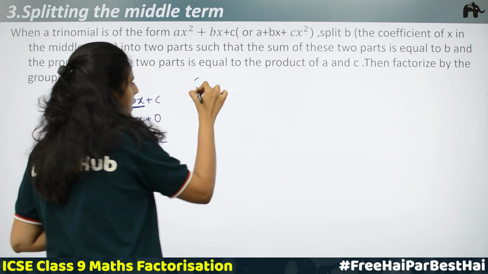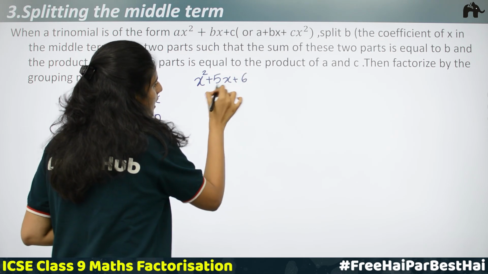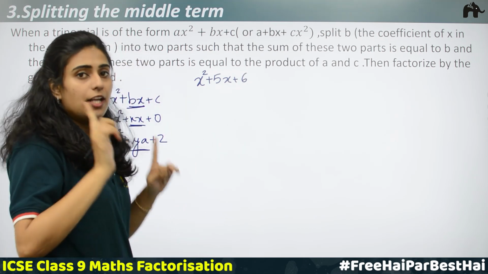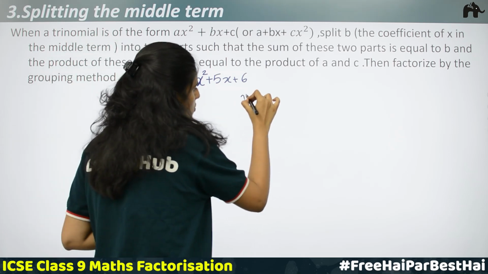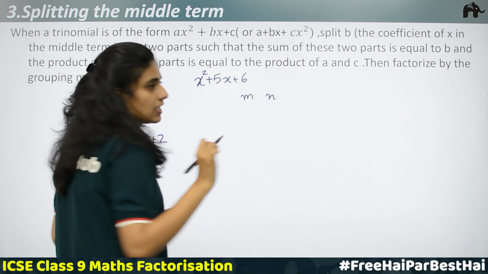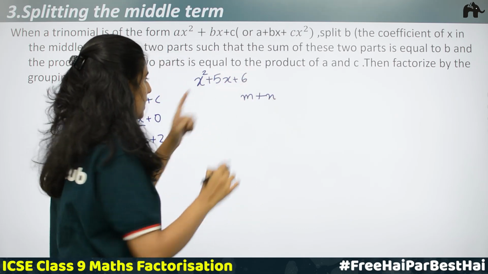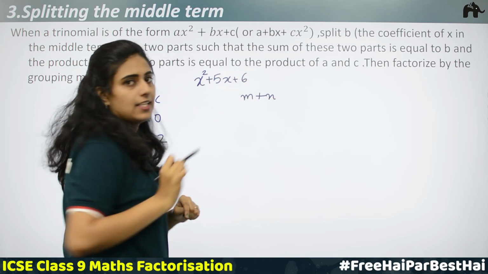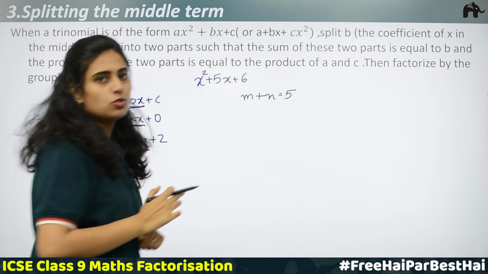Let's take an example. X square plus 5x plus 6. Here 5x is the middle term. Now we have to choose two numbers. Let's say we choose two numbers m and n such that when you take the sum of these two numbers, you should be getting the coefficient of x, that is 5. The middle term's coefficient you should get.